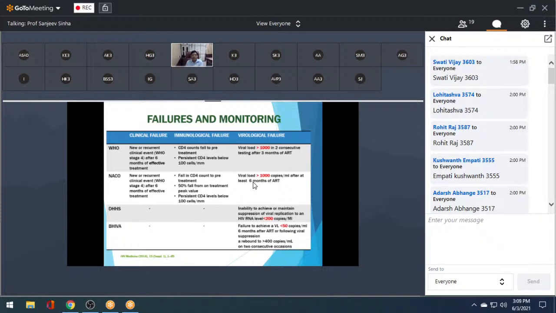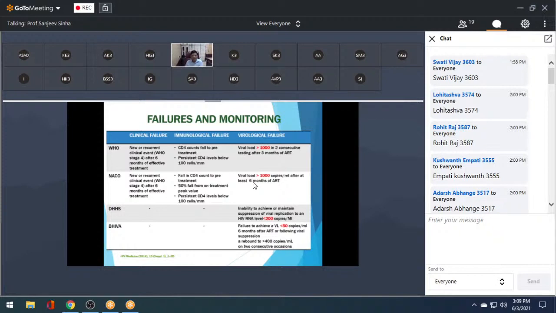And what about immunological failure? So as per NACO guideline, if the patient is having CD4 count fall to the pre-treatment level, like any patient who is having pre-treatment CD4 count 100, and after 6 months of treatment they have the same CD4 count, that means they are getting immunological failure.